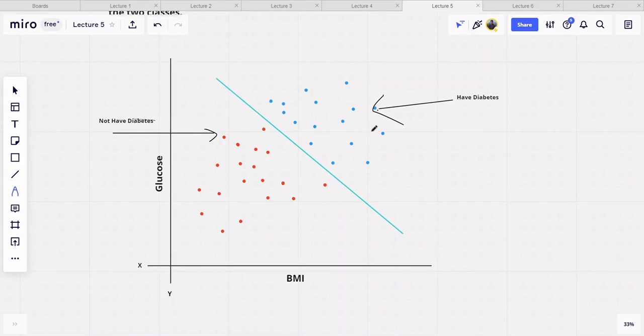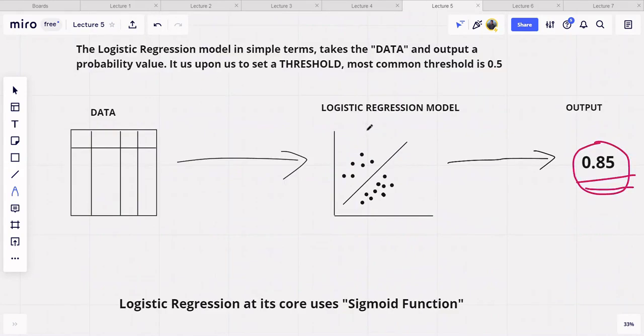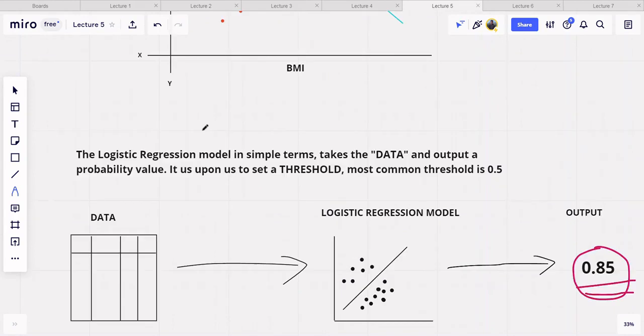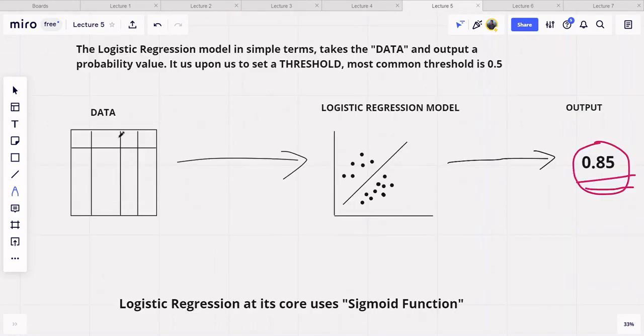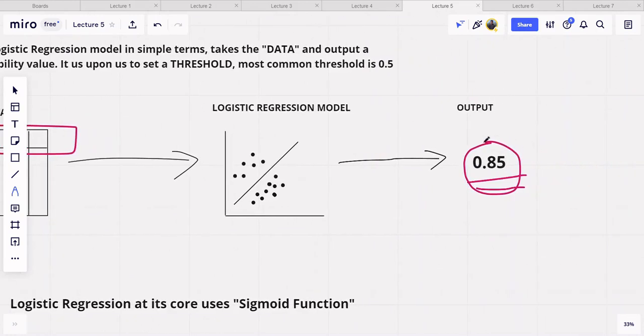And how does this model decide? Basically, it is up to us. What this model will do is take the data and output a probability value of whether the person has diabetes or not.